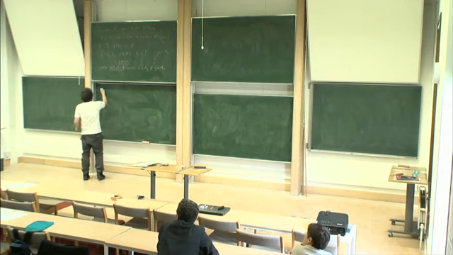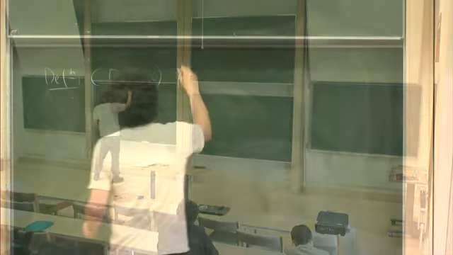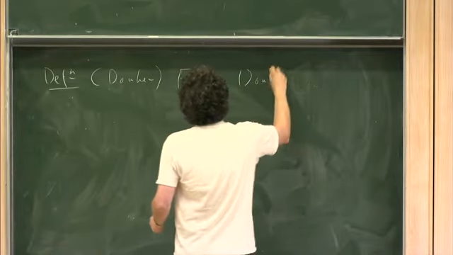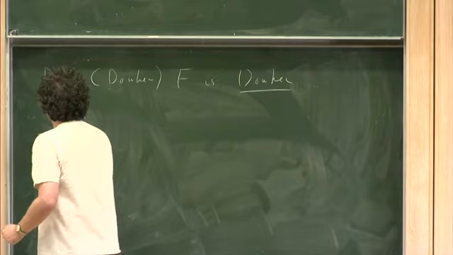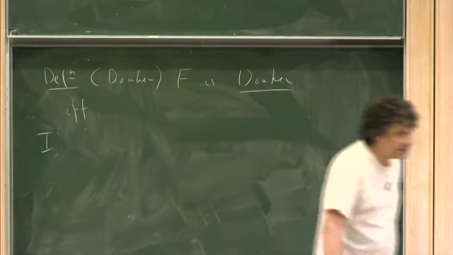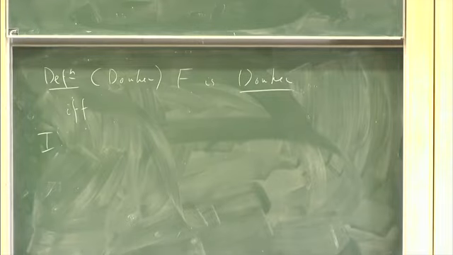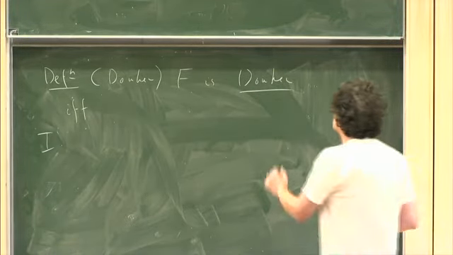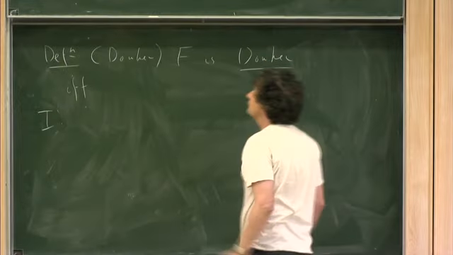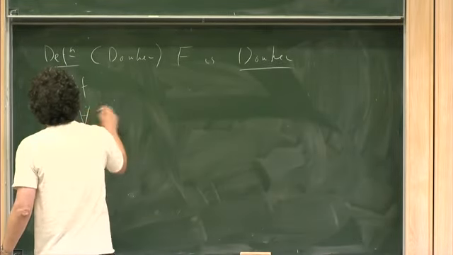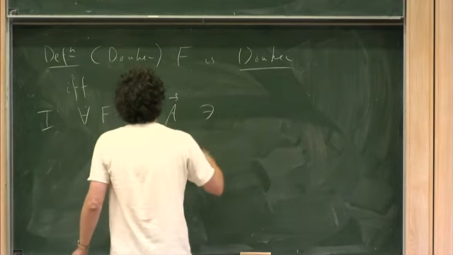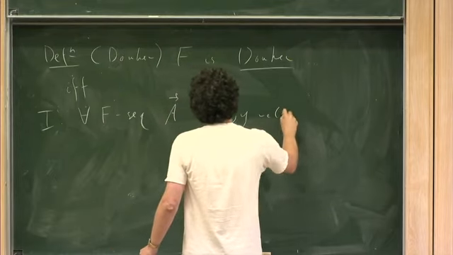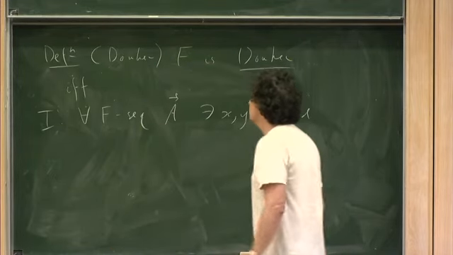So the definition, certainly due to Dowker, though he didn't call them Dowker filters: I'll say F is Dowker if and only if there are going to be two properties, and there's some kind of tension between these two properties that we would like the filter to have. The first one: for every F sequence A, there exist related points.